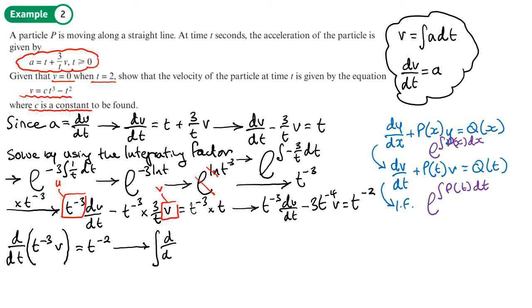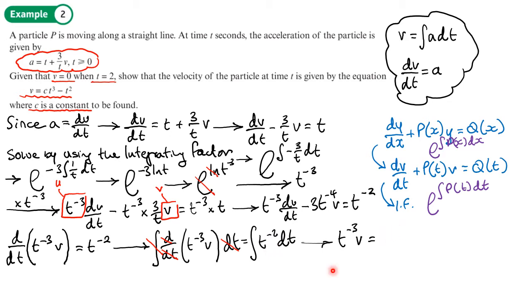So we will have the integral of this t to the minus 3 v dt equals the integral of t to the minus 2 dt. These cancel out here, so that just leaves t to the minus 3 v equals what we get when we integrate this.